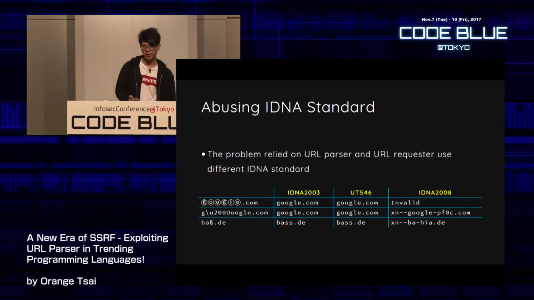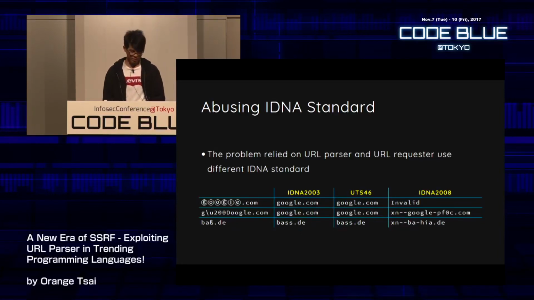IDNA supports lots of weird Unicode transitions. For example, the circled alphabet will be recognized as a valid letter in the domain name system, and the Unicode 200D zero width joiner will be removed in IDNA 2003. So if the parser and the requester adopt different IDNA standards, it might be a security concern.